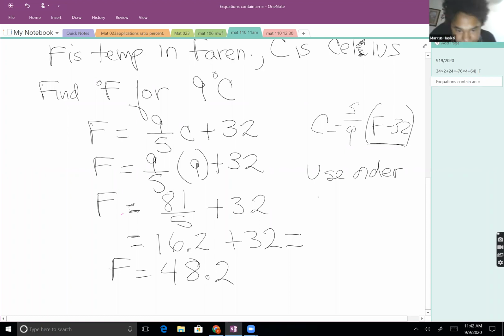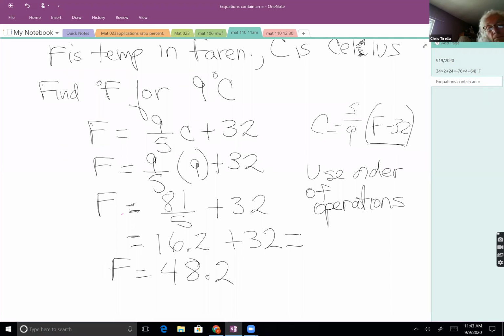Okay. At 81/5. Yeah. And if you take 81 and divide it by 5, check me, I think you get 16.2. And if I'm not mistaken, that's the end of what's in section P1.